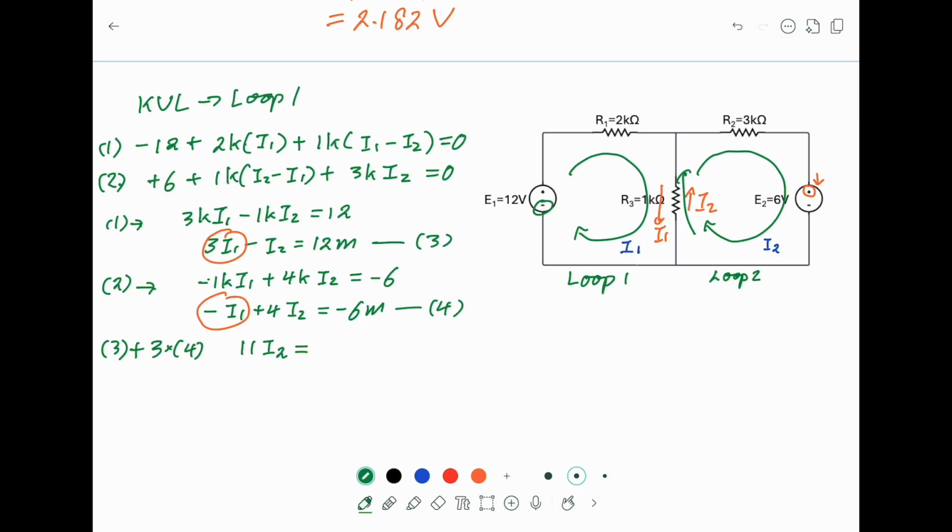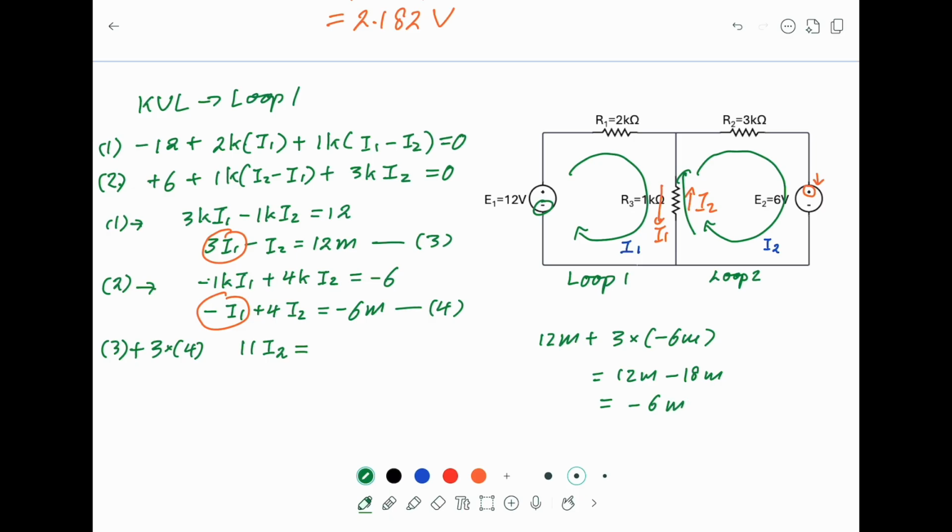For the other side, we have 12m plus 3 times minus 6m. So we have 12m minus 18m. So we have minus 6m.